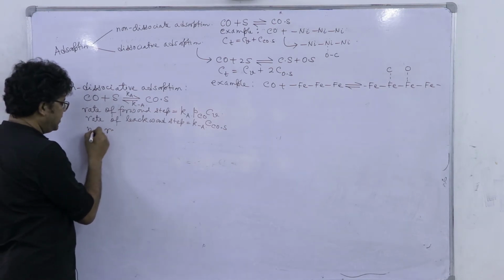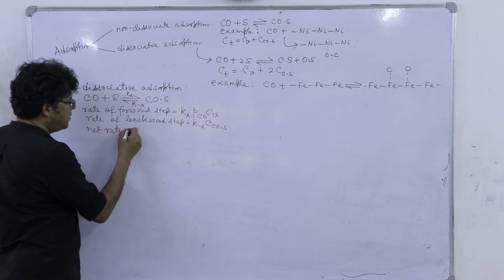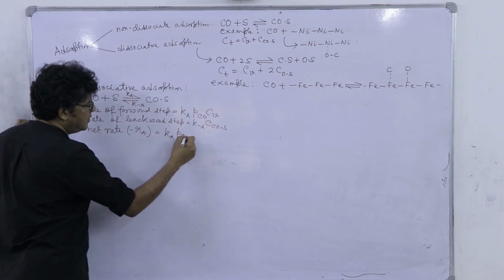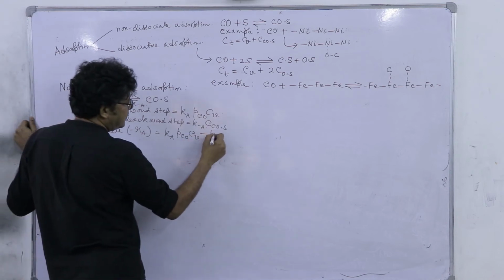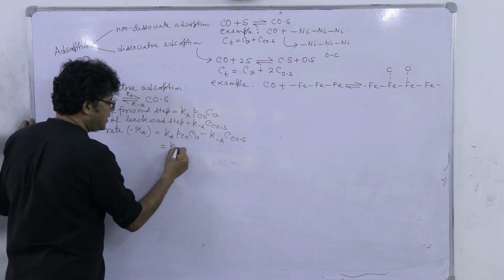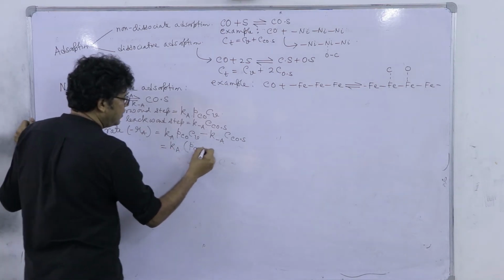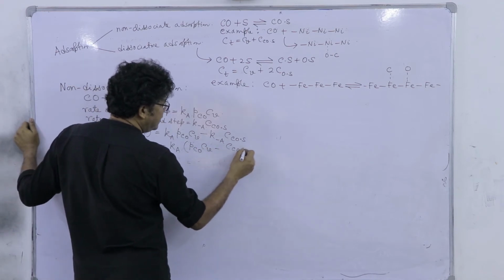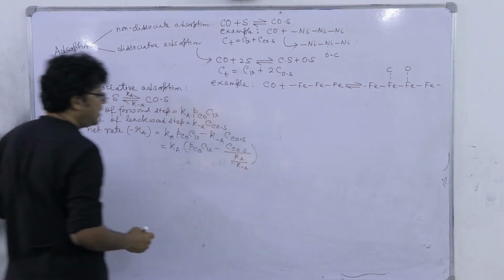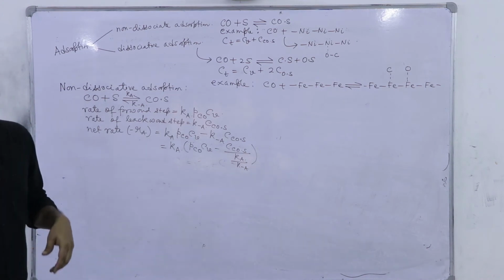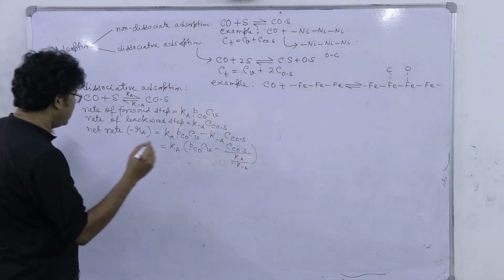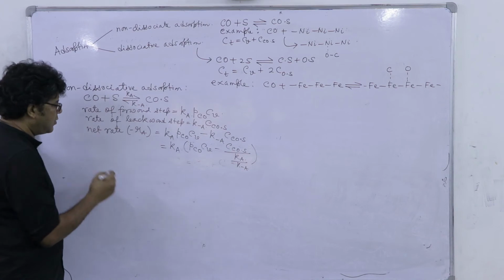So the net rate, which is minus Ra, can be written as Ka PCO CV minus K minus A CCO dot S. So if we take this Ka common, it is PCO CV minus CCO dot S times Ka by K minus A. And by definition, this ratio of forward rate constant and backward rate constant is nothing but the adsorption equilibrium constant.